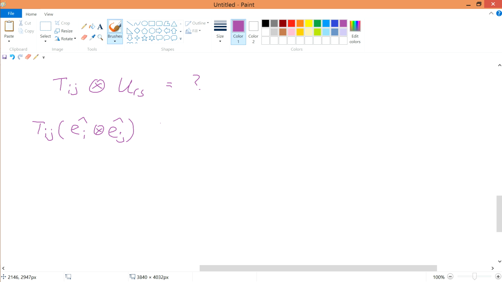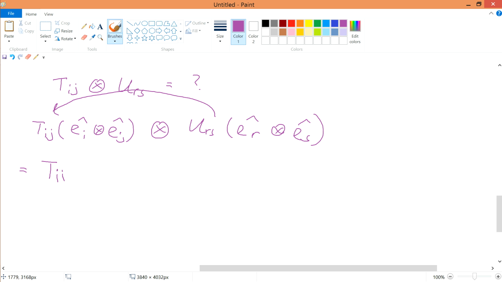Alright, then I dyadic product with Urs, where Urs is also equal to Er hat dyadic Es hat. Alright, and then I rearrange the constants. I bring the constants together as here. Alright, and then I just dyadic all the products.